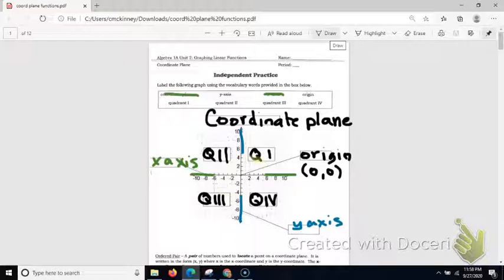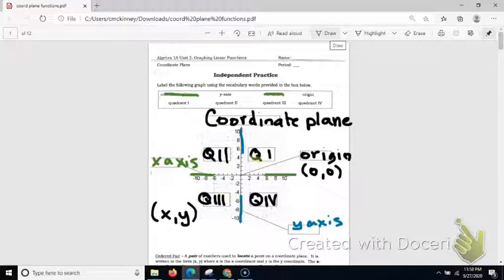so when we label our points and when we find points, when we look at an ordered pair, it's always X and then Y. And X tells me side to side, tells me from the origin, go left or right, and Y tells me go up and down.